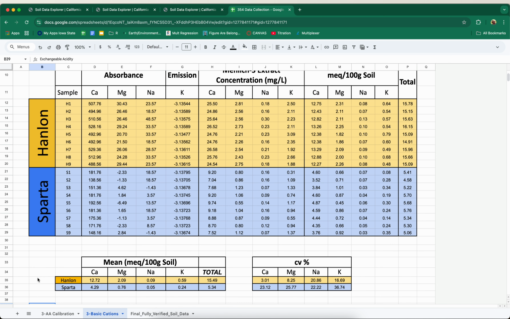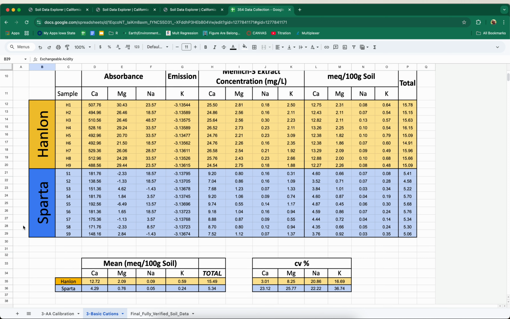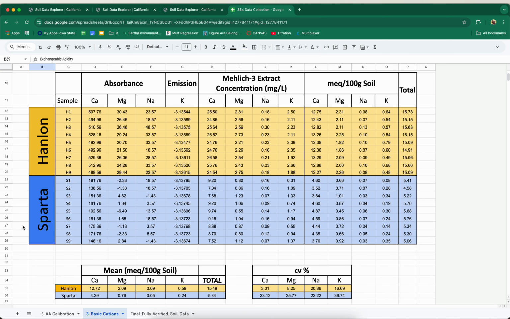We'll talk a lot more about that next week when we get to calcium carbonate equivalent and liming and what that is doing to the soil. It can maybe help explain why we didn't see a prevalence of exchangeable acidity in our soil. If you have any questions, please bring them to class this coming week.